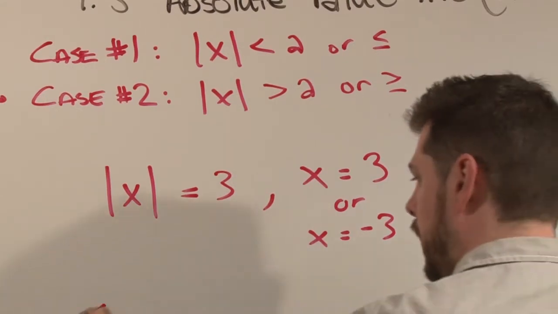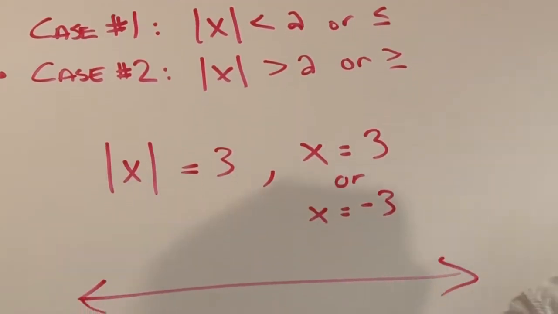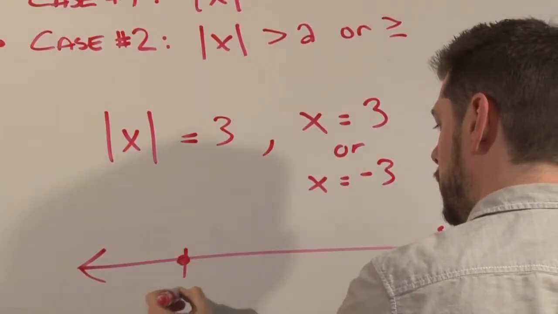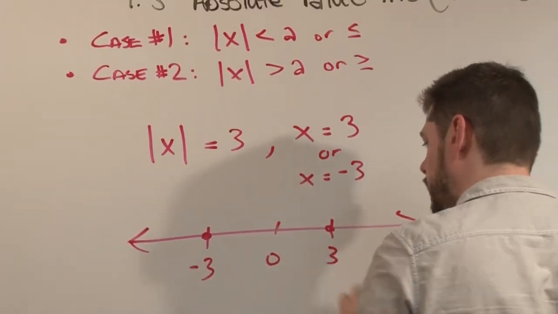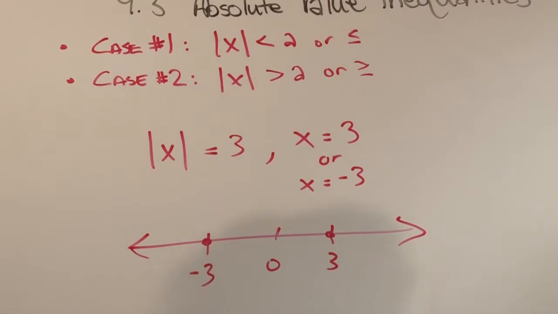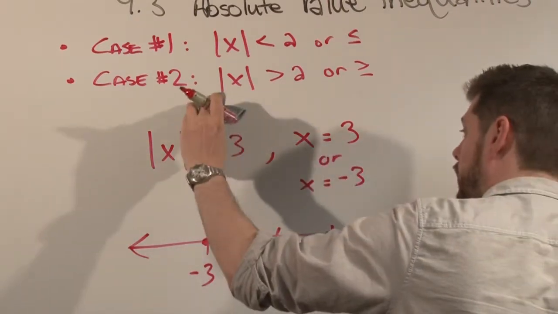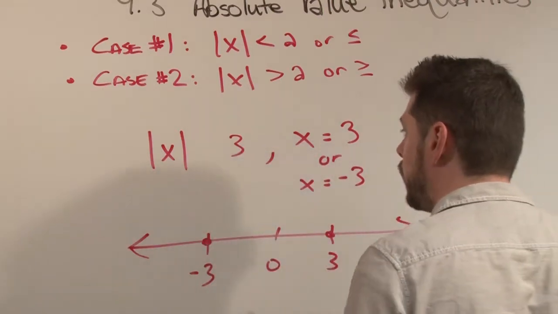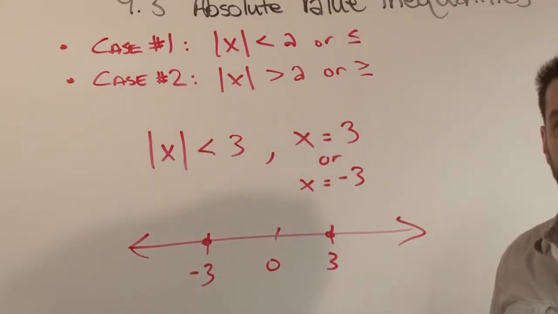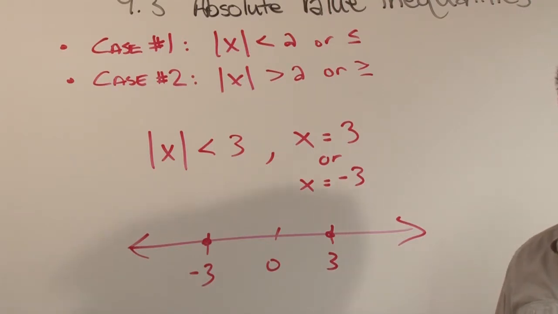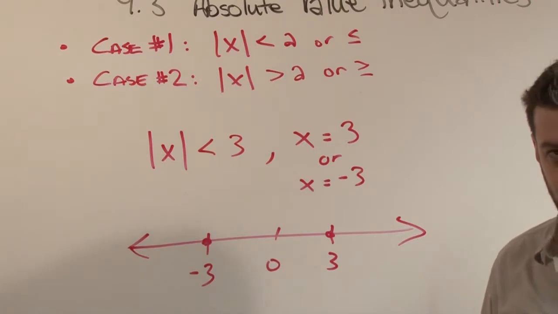And when we plotted it on our number line, we had a point at negative 3 and a point at positive 3. And those were the solutions to this equation. Well, by turning our equation into an inequality, instead of two fixed solutions, we're now going to have several solutions.